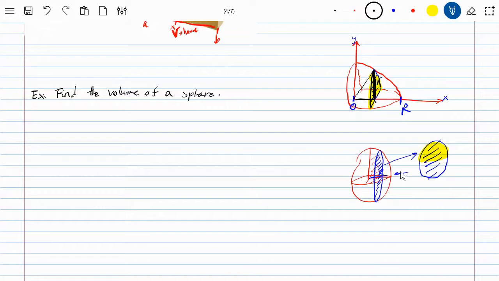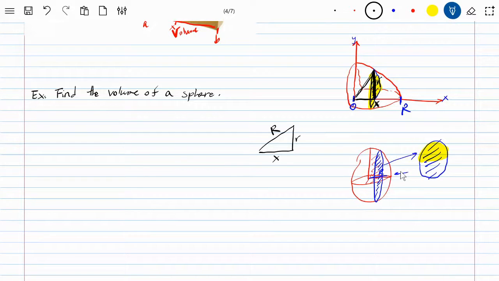So let's assume that x is here. x is a variable changing between 0 to R. So what we have is this triangle with the length x. This capital length here is the same as the radius of the sphere, so this is R. And we want to find out the small radius, the radius of the small circle, this cross section.